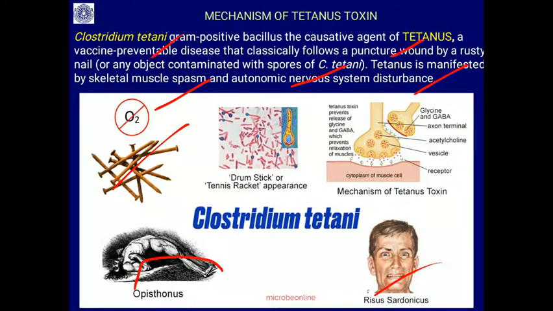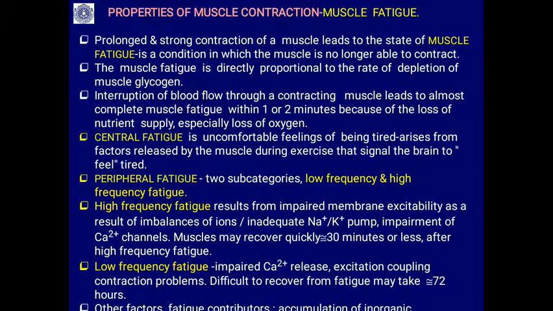So that's why whenever you have a fall, or get a small wound, you should get the TT injection to prevent this condition that arises due to Clostridium tetani, which produces a toxin. So this is called tetanus.